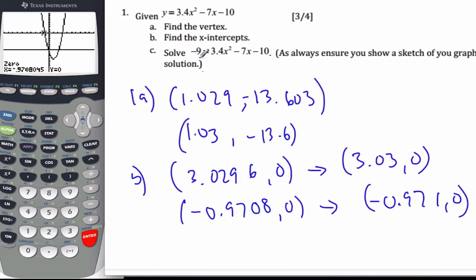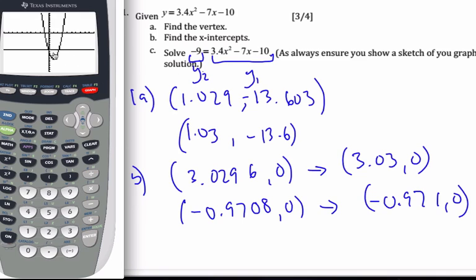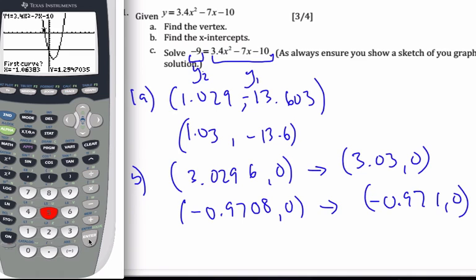Well, here's the tricky part. If I use my calculator to do this, I'm going to make this one y2 and this one y1. I want to find when y2 is equal to y1. I've put the two graphs in there. When are these two graphs equal? Well, they're equal at these intersection points. So again, I go to this menu, second trace, which is my calculate menu, and I'm going to do intersection, number 5. It's asking me for my first curve.